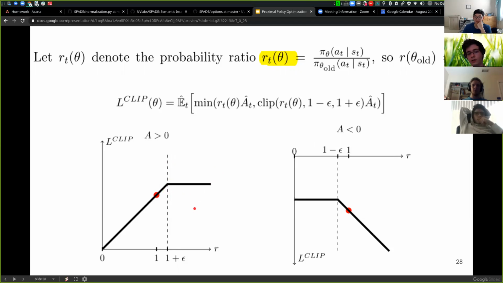On the other hand, if the advantage is negative, so the action that you've taken is worse than you usually expect, then you want to behave in a different way. You want to have your update bigger if it happens to occur, so if it is more likely that you will take the action that resulted in a negative reward, then you will make a bigger step to negate that.